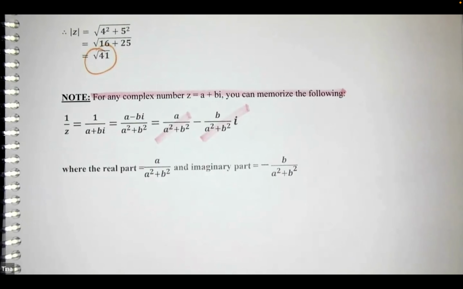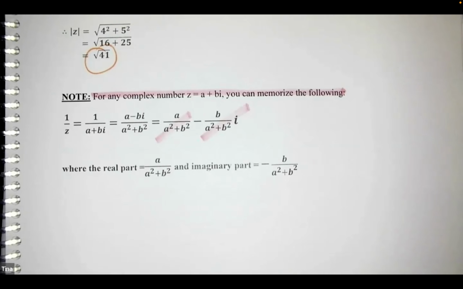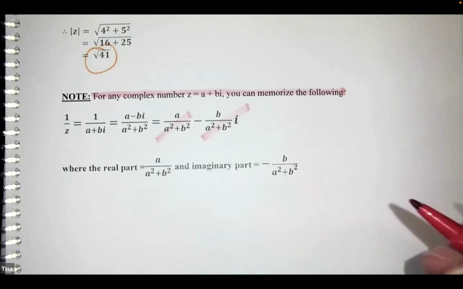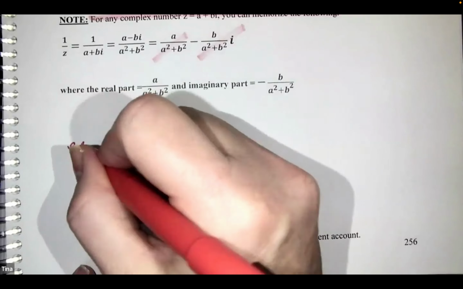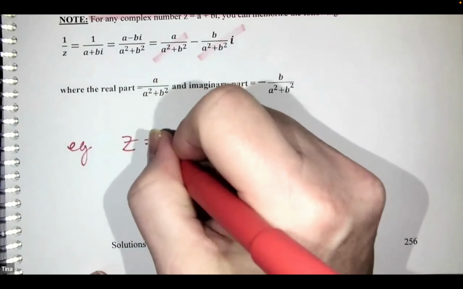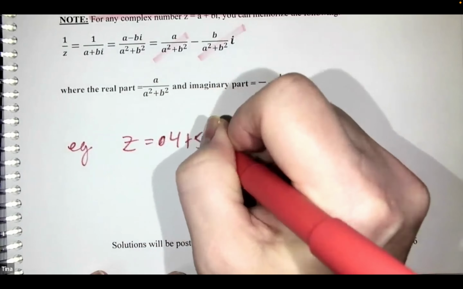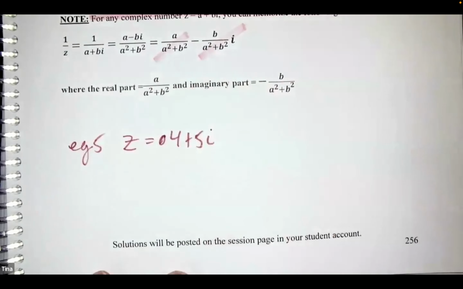Okay, so let's go back to eigenvalues for complex. By the way, you can do this the long way. Remember we had 4 plus 5i from example 5.